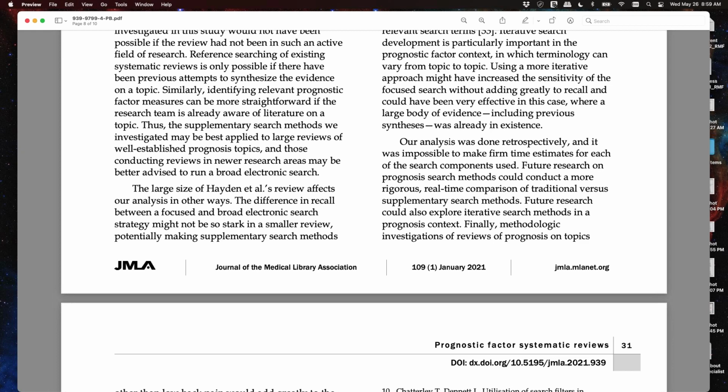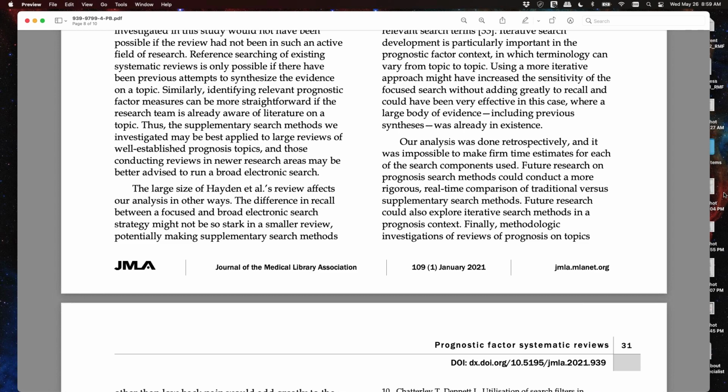So could you divide the work and say, okay, the information specialists conduct the traditional highly sensitive database searches or a focused search, for example, and it's the author's task to conduct the additional search methods, maybe also because they're already knowledgeable in this field. So yeah, these are the 2 points that I would like to take home from this paper.